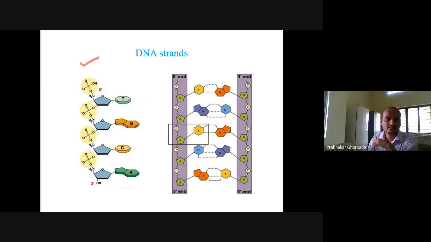So this is TGCA, a sequence of nucleotides. Whenever we have a DNA nucleotide sequence, we read it like TGCA. Whenever people say they have sequenced DNA, it means they have determined the sequence of letters in the given fragment of DNA. So this is a single strand.